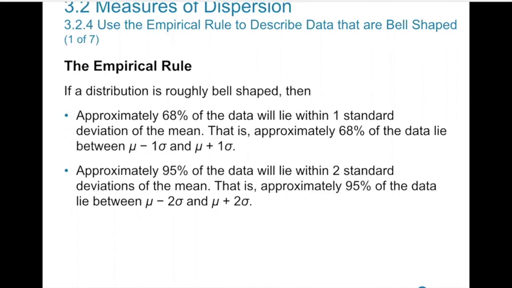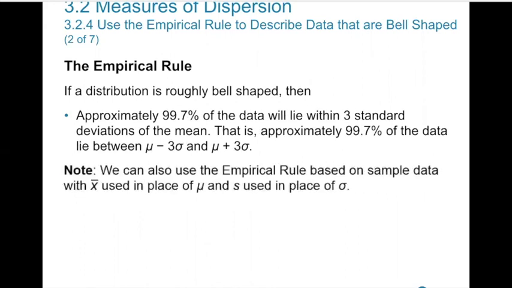If you move on out to 2 standard deviations away from the mean, you're at 95% of the data, and then 3 standard deviations away is 99.7%. So most of your data, if you're dealing with the normal curve, is going to be within 3 standard deviations of the mean. You can use this for a population or for a sample.